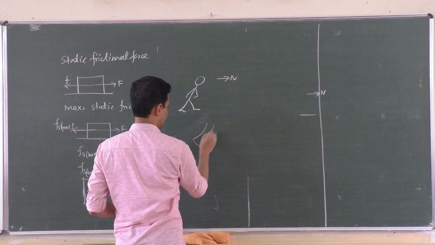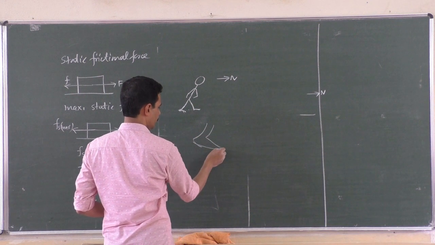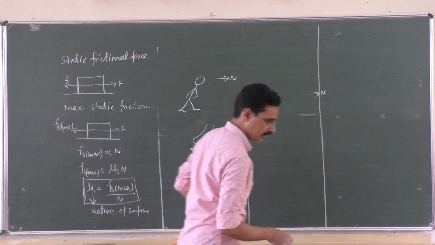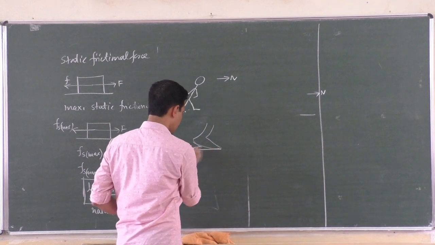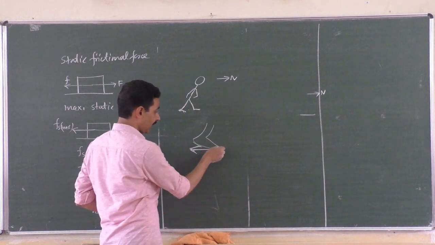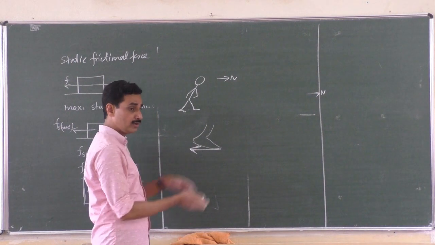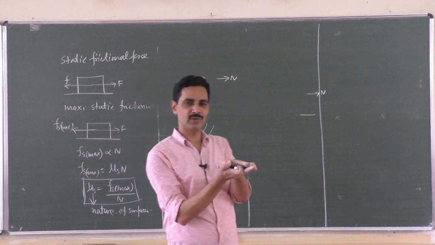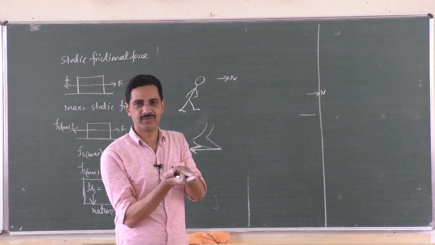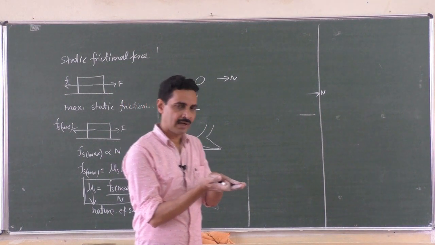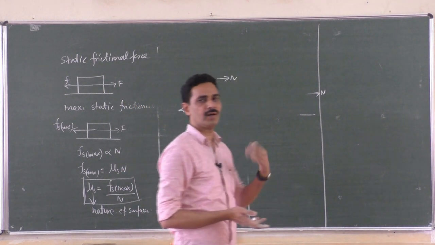So if this is the leg, you push the ground back and move forward like this. When you push the ground back to move forward, you want to have a relative motion between the ground and the bottom part of your feet. You press the ground and push the ground back and try to move forward.